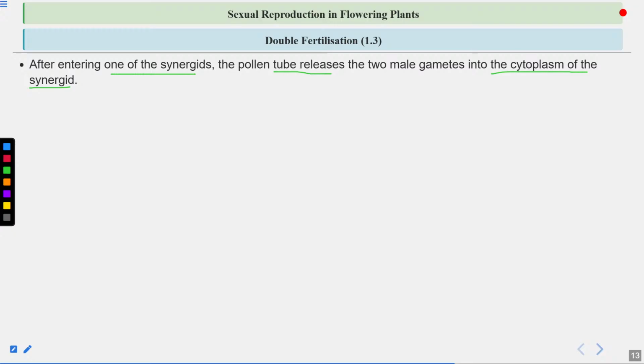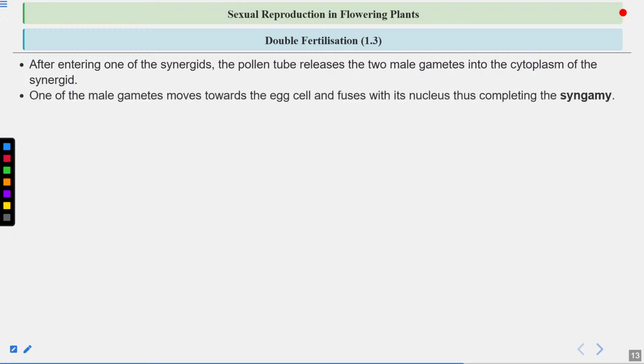So, from the micropylar pore, this pollen tube enters and one of the synergids receives the pollen tube release. What does it release? It releases 2 male gametes into the cytoplasm of the synergid. Okay. One of the male gametes moves towards the egg.